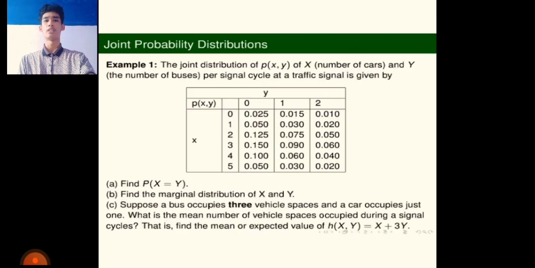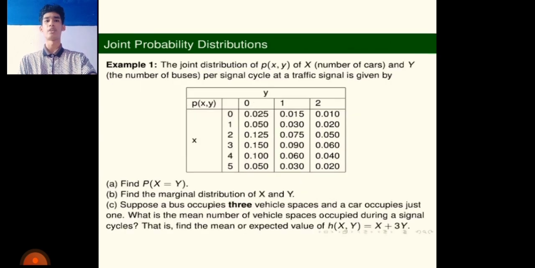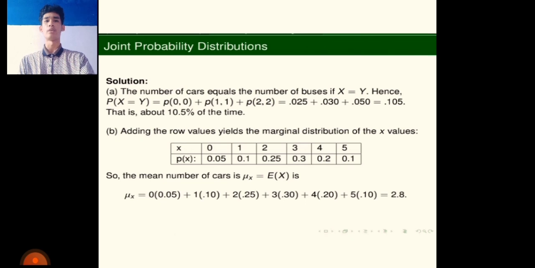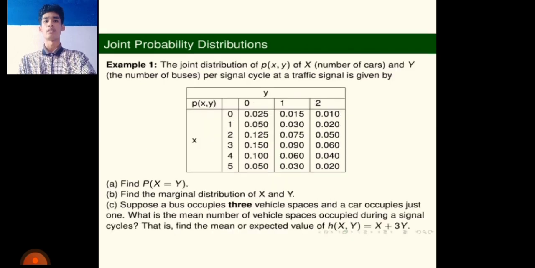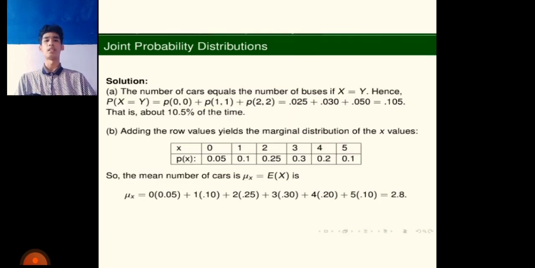So for 0, 0.025 plus 0.015 plus 0.010 equals 0.05. For 1, 0.050 plus 0.030 plus 0.020 equals 0.1. And up to 5, 0.050 plus 0.030 plus 0.020 equals 0.10.